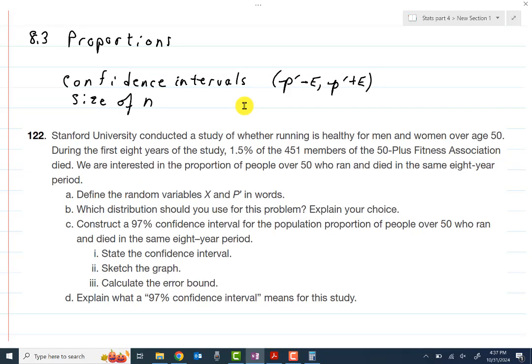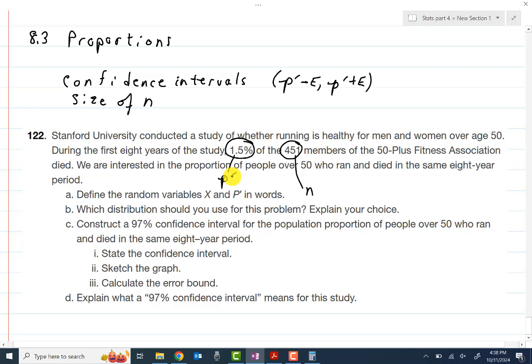All right, in this problem Stanford University conducted a study of whether running is healthy for men and women over age 50. During the first 8 years of the study, 1.5% of the 451 members of the 50 Plus Fitness Association died. Well, then we have 451 is the size of our sample. 1.5% then is the proportion, so we'll call that P prime.